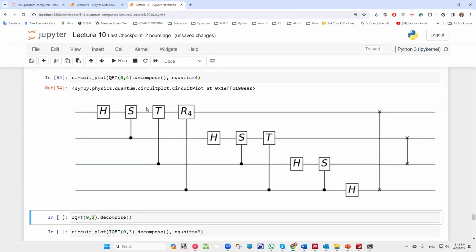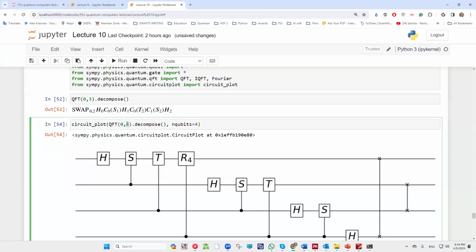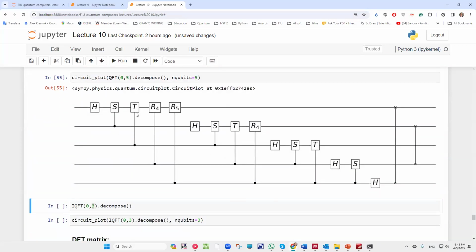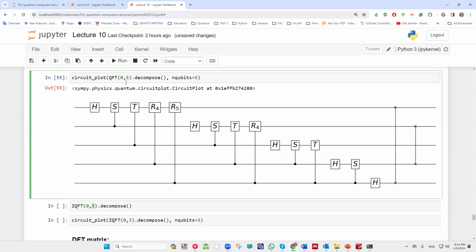You see there is a pattern here, a repetition of S, T, R. If I add another one, you will see the pattern: S, T, R4, R5, then S, T, R4, then S, T, then S. So this is how the circuit for the quantum Fourier transform looks. Let us go back to the case of 3 qubits.